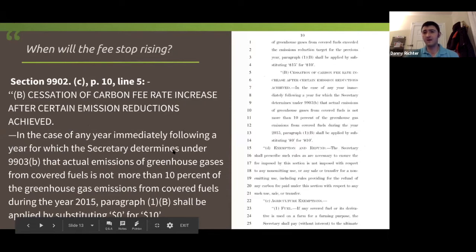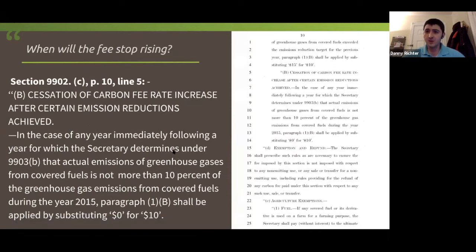And then this part maps exactly to the CCL proposal that we've been talking about all these years. The fee will stop increasing once we have achieved certain emissions reductions. So in the case of any year immediately following a year for which the Secretary determines, and the Secretary here refers to the Secretary of the Treasury.